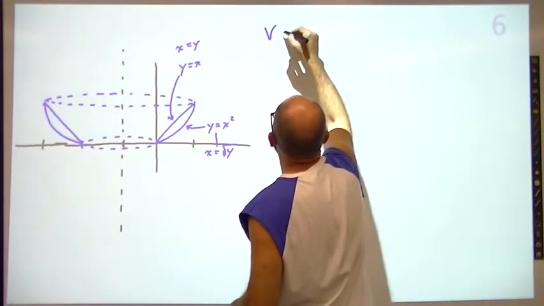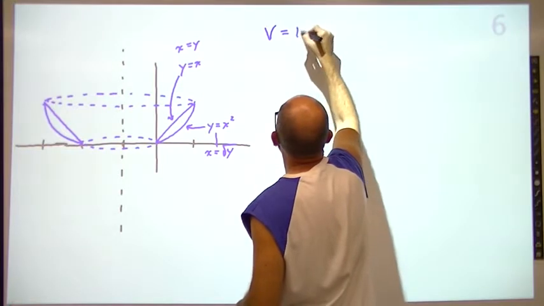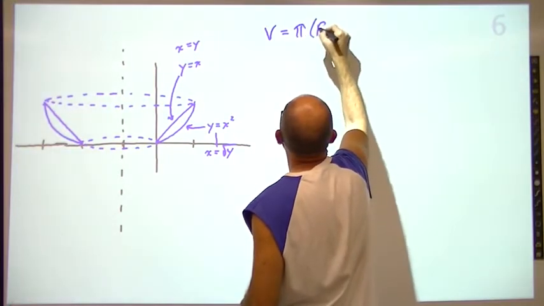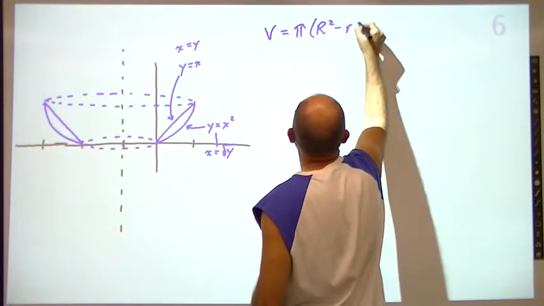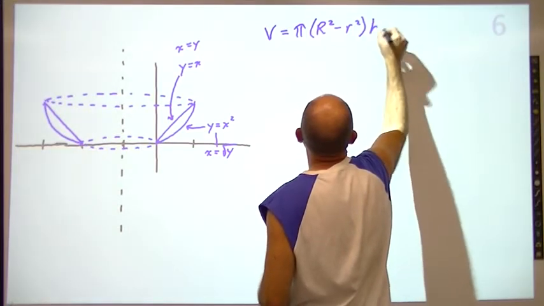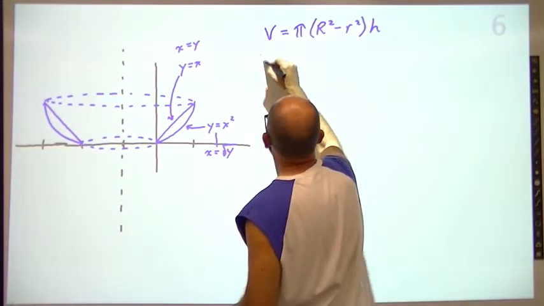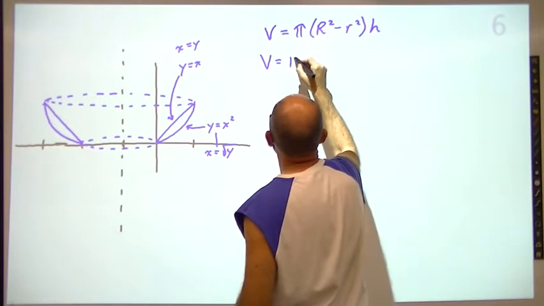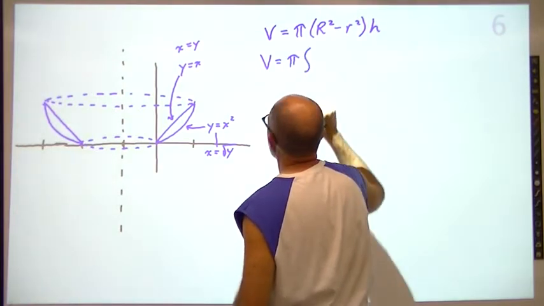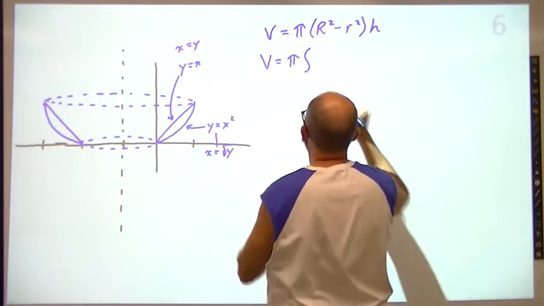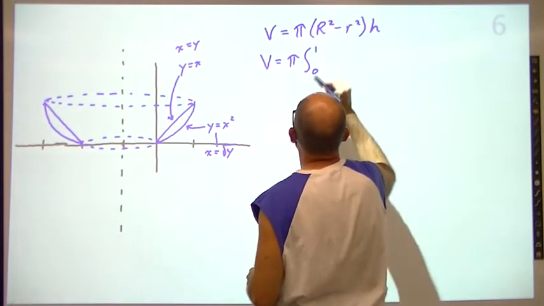So the volume is still going to be pi times capital R squared minus small r squared times h. So it's still going to be pi times the integral, but this time from y equals 0 to 1.